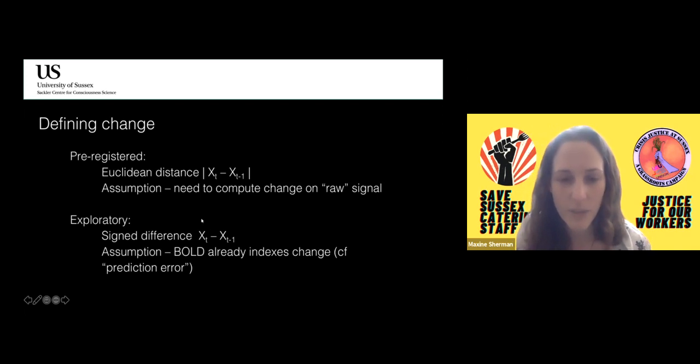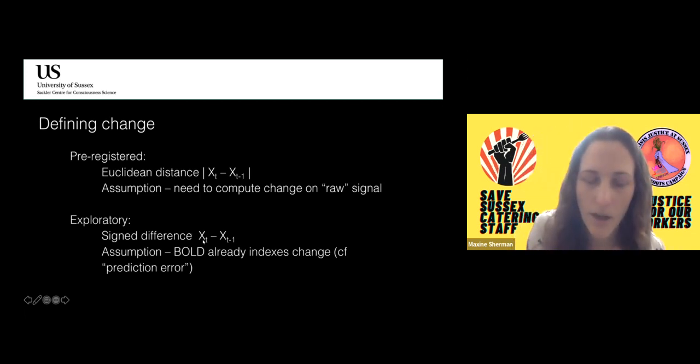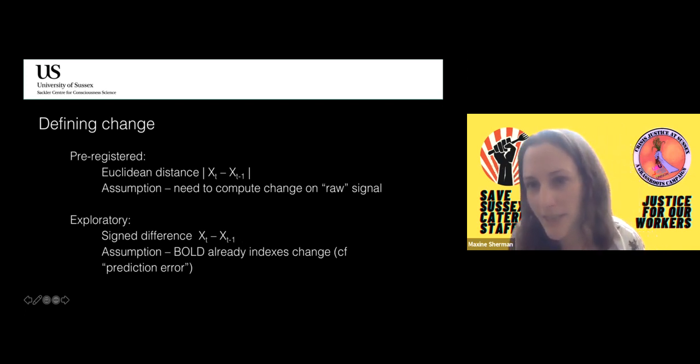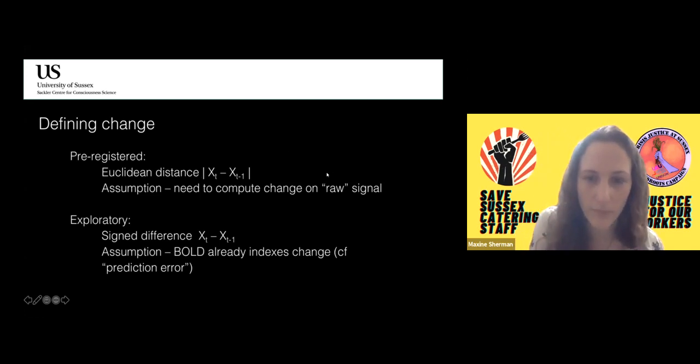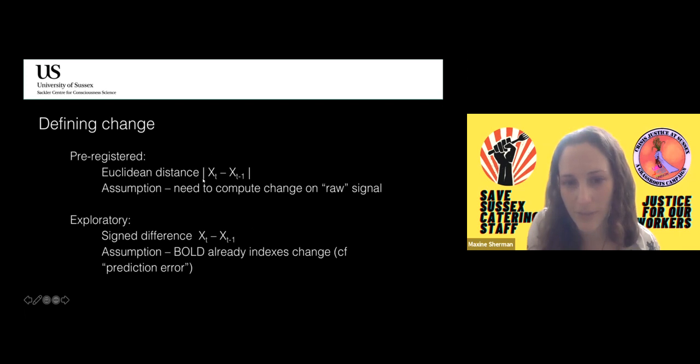And the idea here was that there's loads of fMRI work suggesting prediction error-like responses in visual cortex. So if BOLD represents some sort of prediction error, then we can just take it relative to the previous time point. We don't need to do this absolute value. So afterwards, we just refer to these two measures as Euclidean distance, because this is Euclidean distance, and sign difference, so without the absolute value.